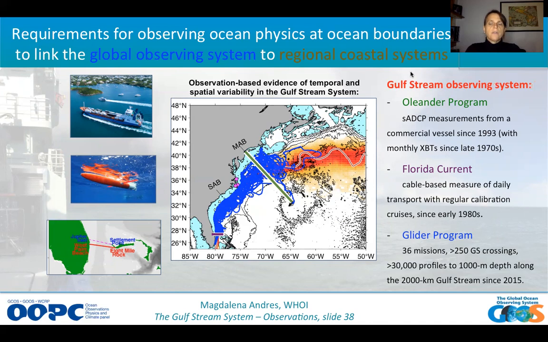So there are 250 Gulf Stream crossings and 30,000 profiles of properties, temperature and salinity from the surface to 1,000 meters depth. These cover the 2,000 kilometer distance along the Gulf Stream between Florida Straits and the region south of New England.